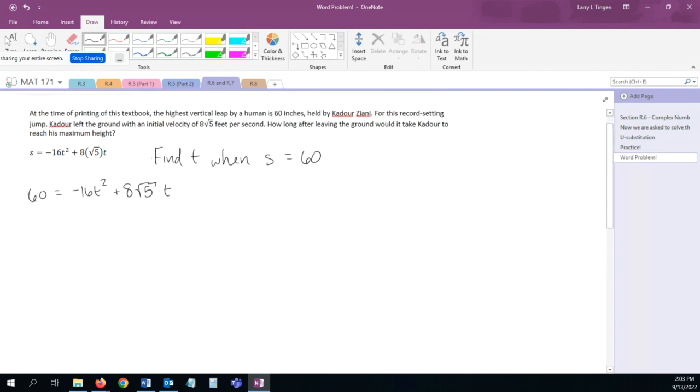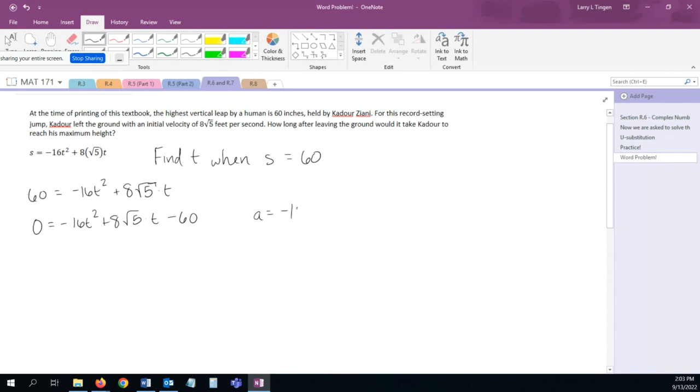What have we got? Okay, so it's a quadratic. It's not pretty. It's not pretty at all, but it is a quadratic. Everything to one side, plus 8 times root 5, T minus 60 is equal to 0. And then what?